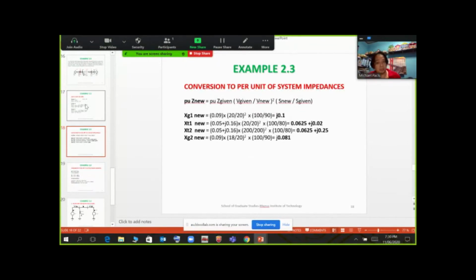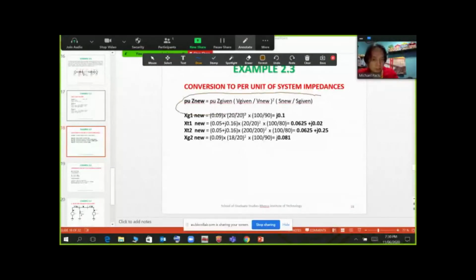Now, after you compute the base computations, we can go forward to the conversion of the per unit impedances of the power system using this formula. We have already proved that we can use the primary of the system voltage or the secondary. I use here the primary, so I refer this one to the primary side of the transformer.